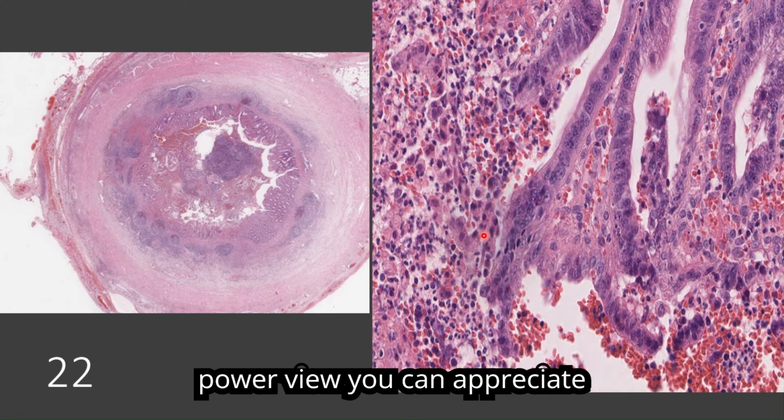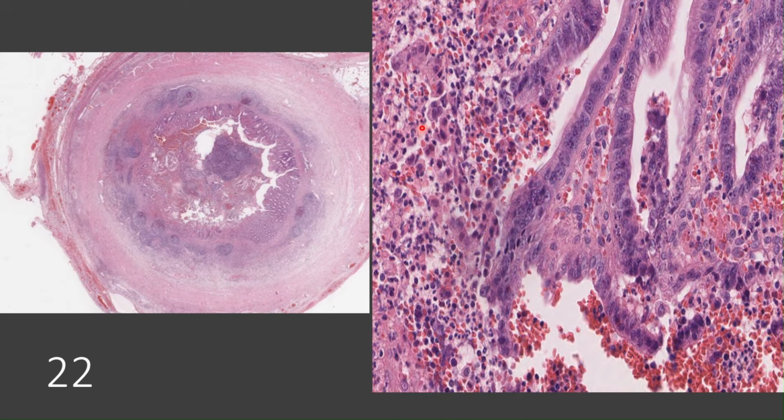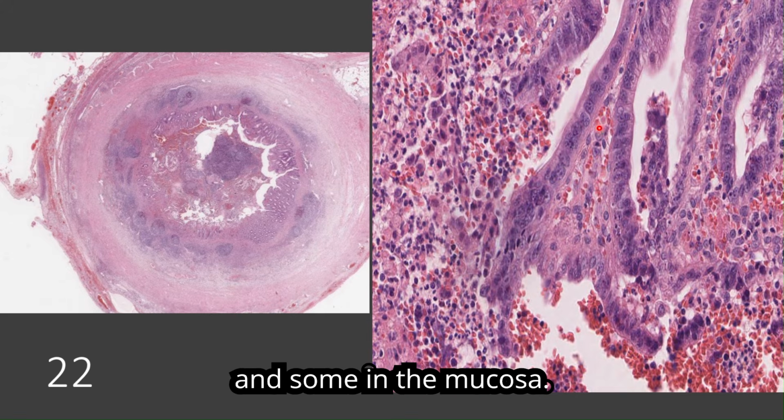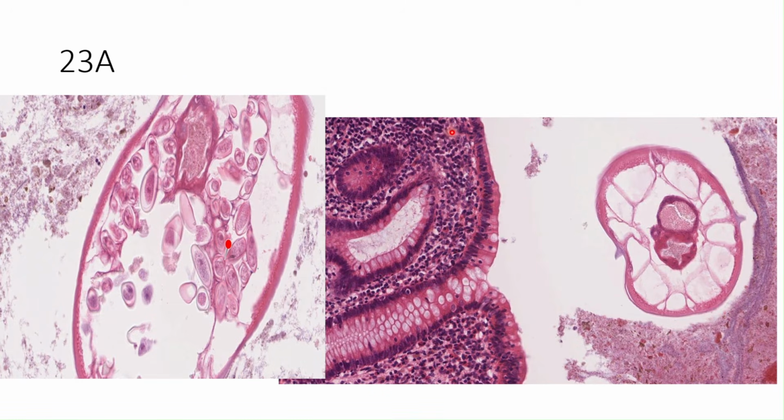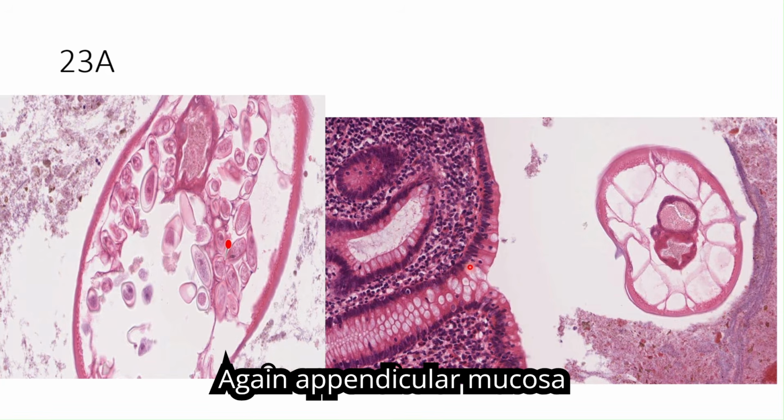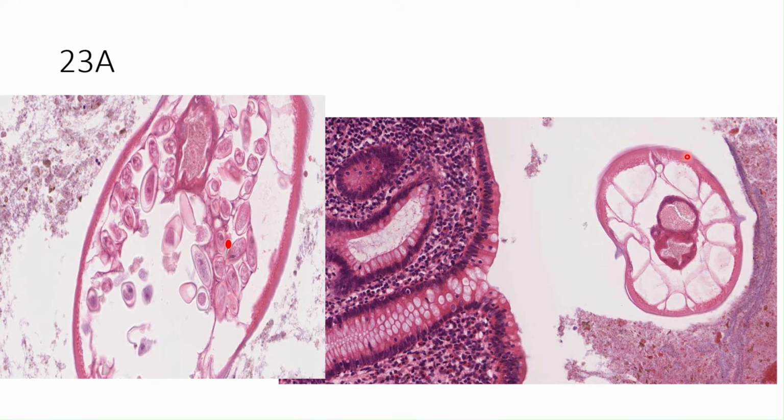Now, in high power view, you can appreciate polymorphs in the submucosa and some in the mucosa. So this is a slide of acute appendicitis. Again, appendicular mucosa with some parasite.